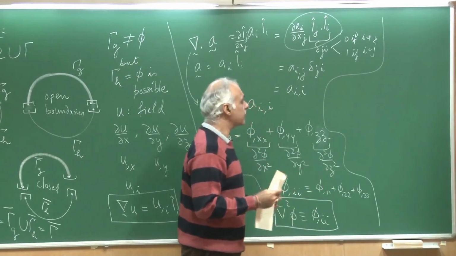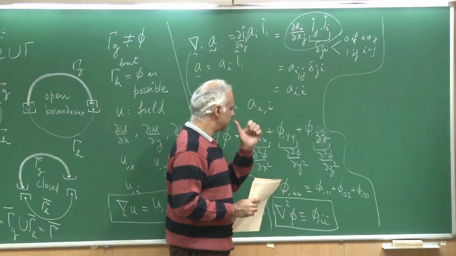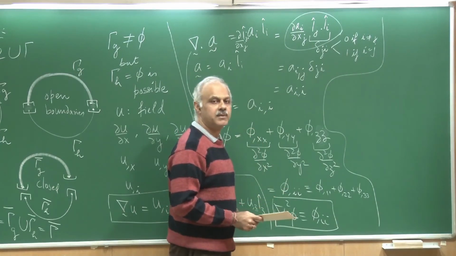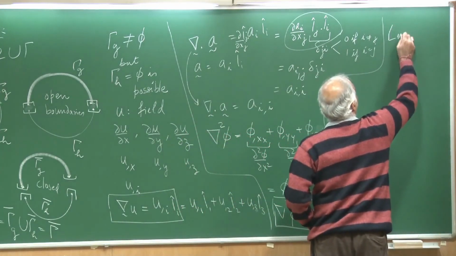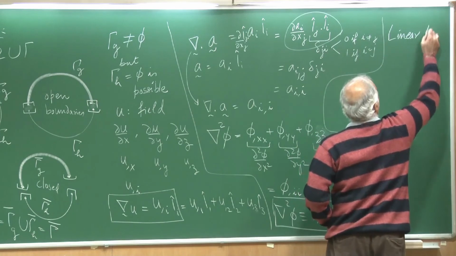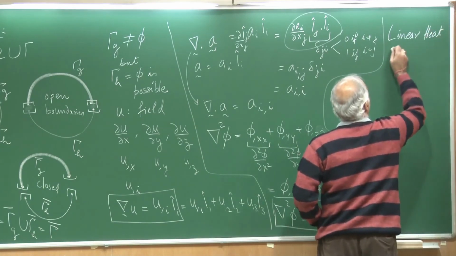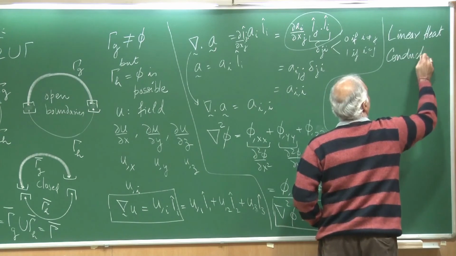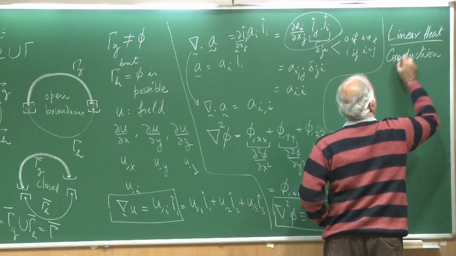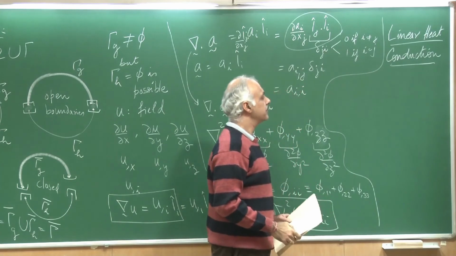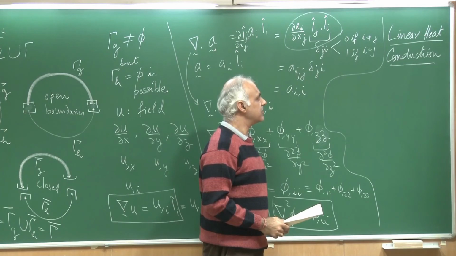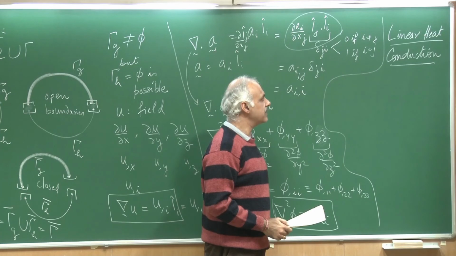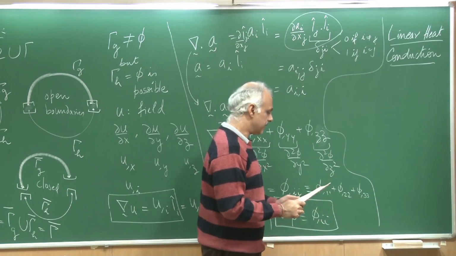Okay, now we are ready to formulate a 2-dimensional problem, so let's take an example. We'll look at linear heat conduction. We'll formulate the problem so that it is very general, and you can think of it as if it is in 2 dimensions, but you can generalize it to 3 dimensions also.